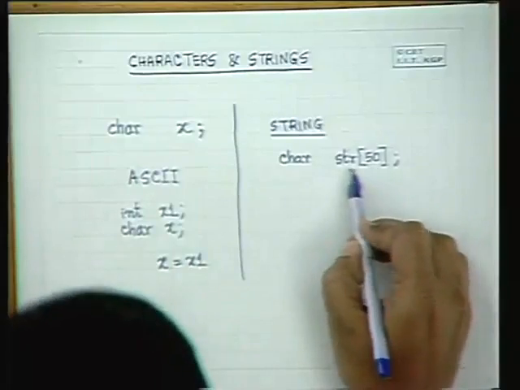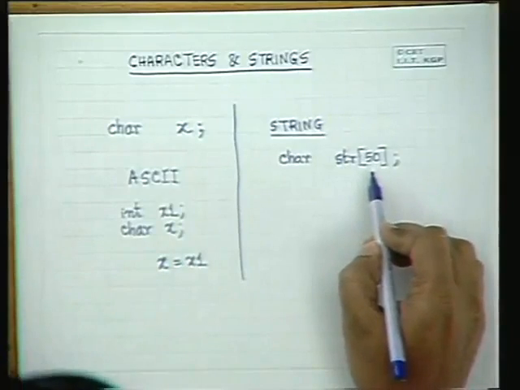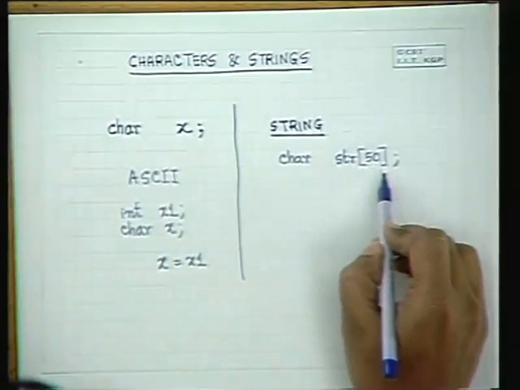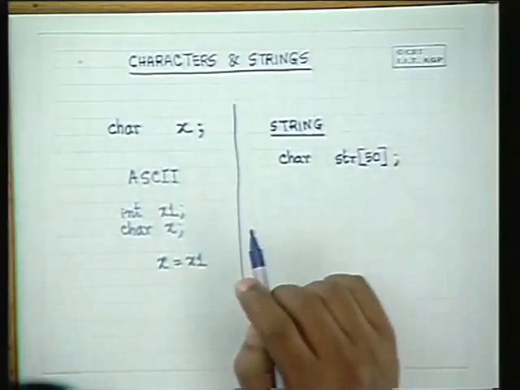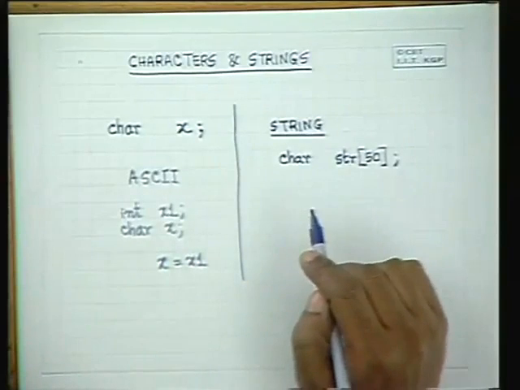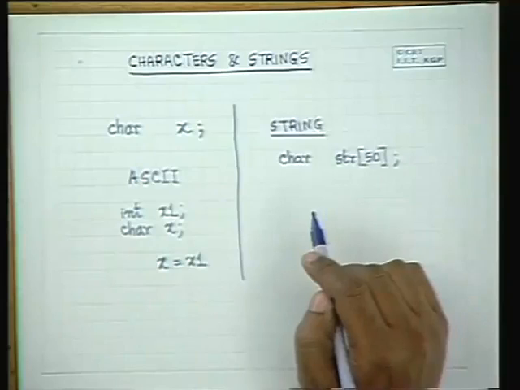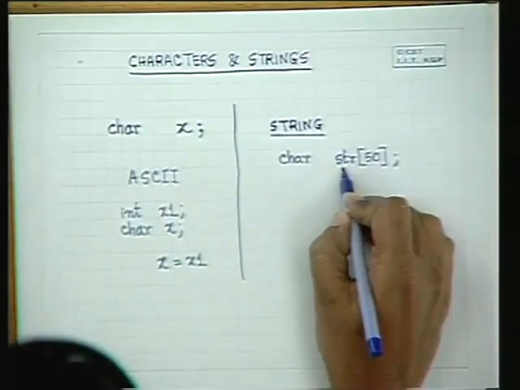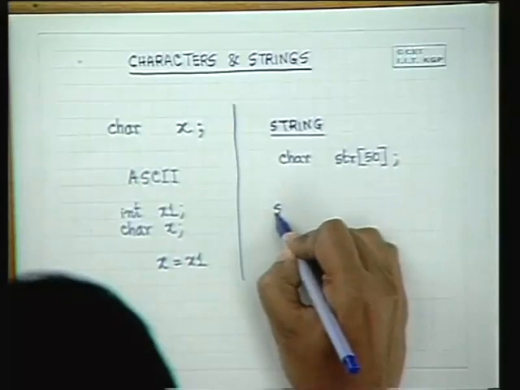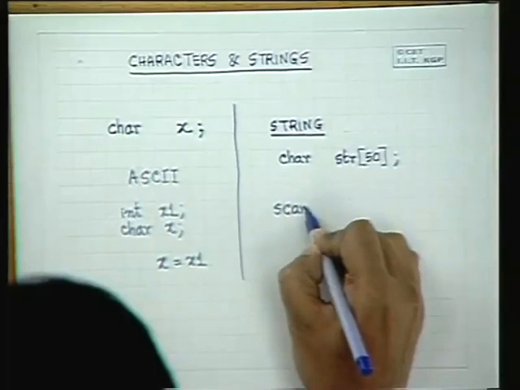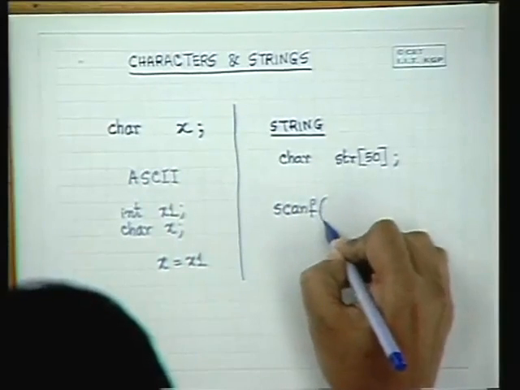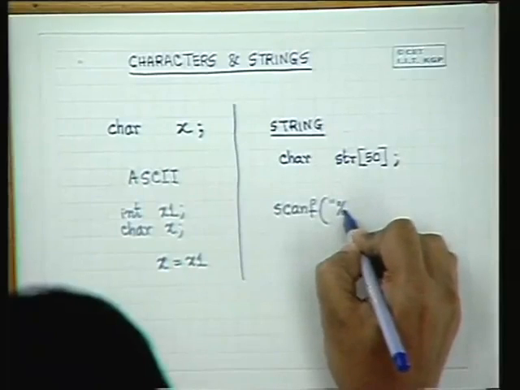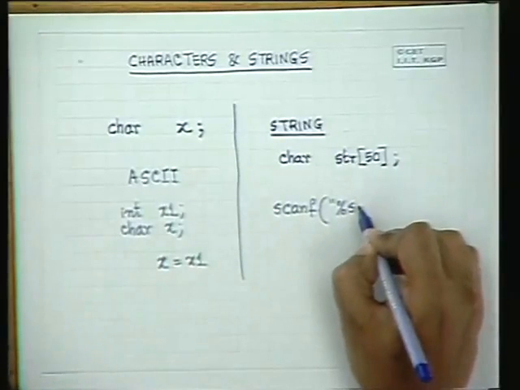As I mentioned earlier, a string is defined as a character array. So you can define it to be a character array and use it as a string, and C provides you certain facilities to directly read and write strings. If you want to read the string str, you have to give scanf with %s format.